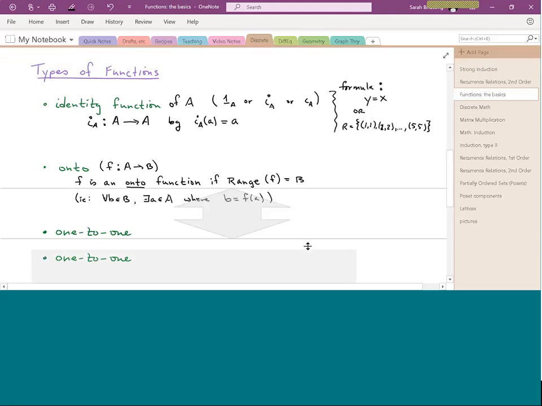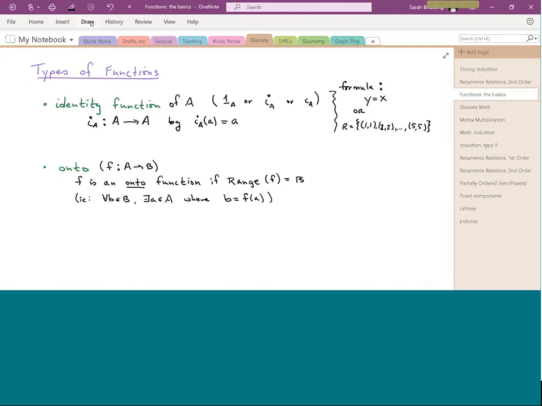So for example, if we look at some relation, we have something like (1, 2), (2, 4), (3, 1), (4, 3), maybe (5, 2).